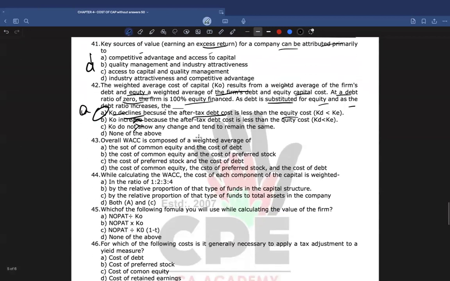Overall, WACC is composed of the weighted average of the cost of common equity and cost of debt. Okay, common equity, cost of preferred, and cost of debt. So D seems right.